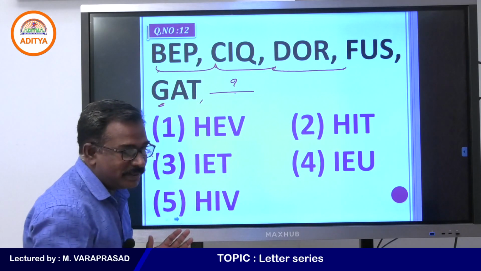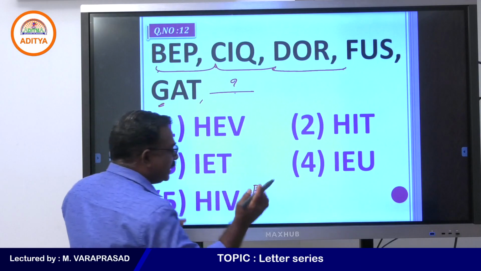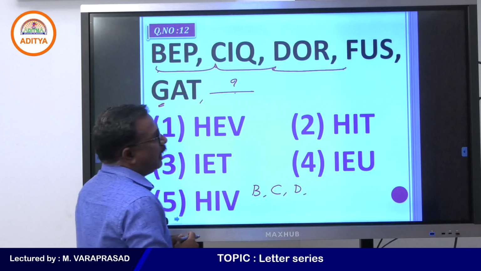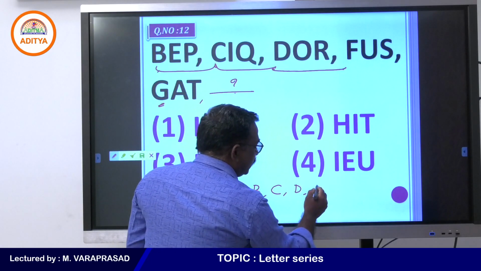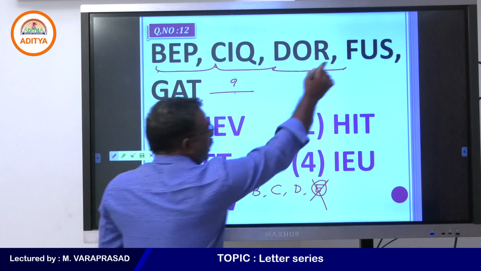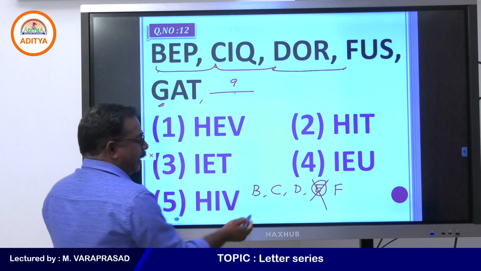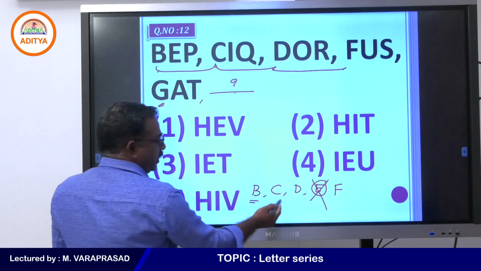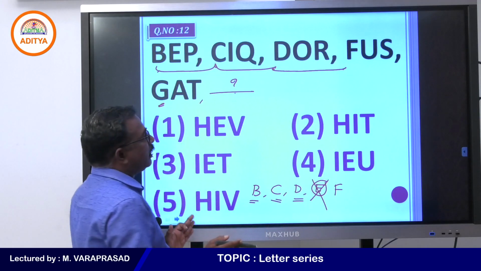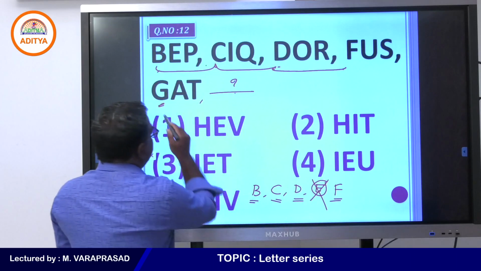B is a consonant, C is a consonant, D is a consonant, and E is a vowel. We are not writing it. F we write. We are writing the first letter series with only consonants: B, C, D, F and G.